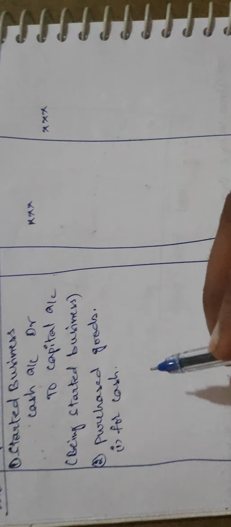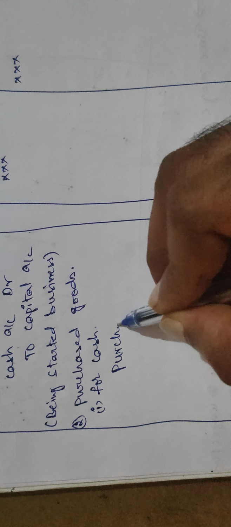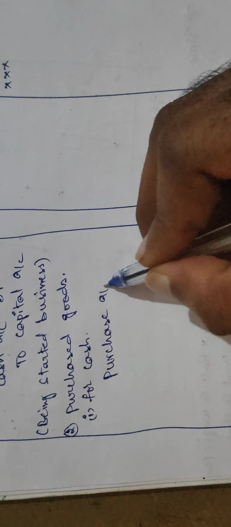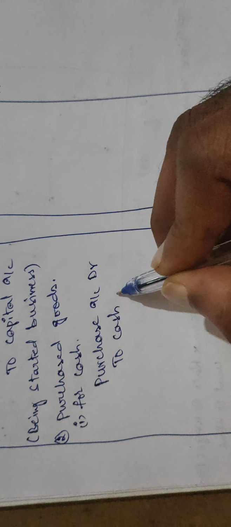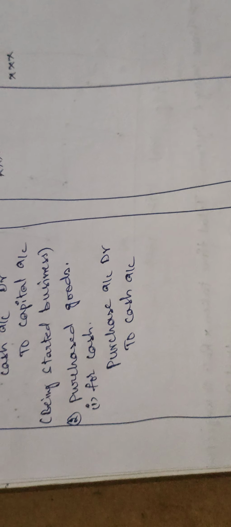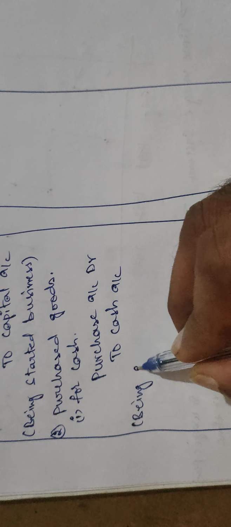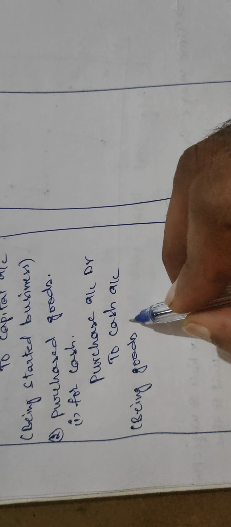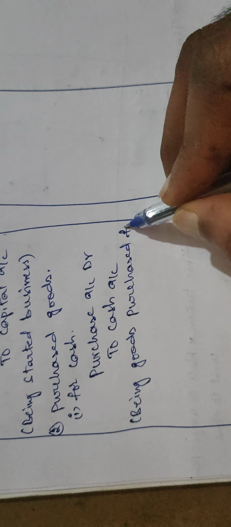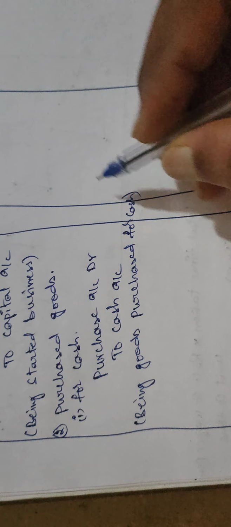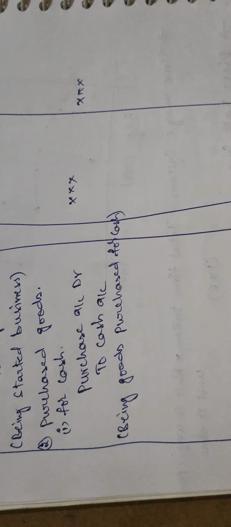Then the entry is purchase account debit to cash account. Again the narration: being goods purchased for cash. The amount is as given in the problem.